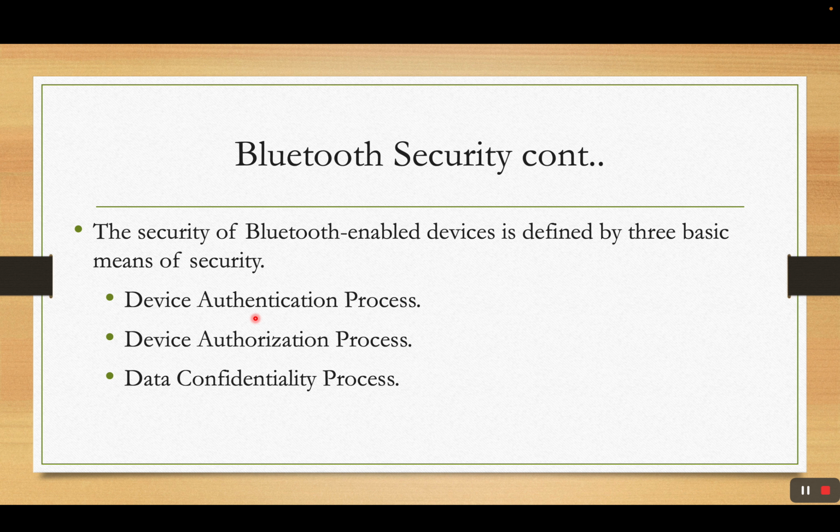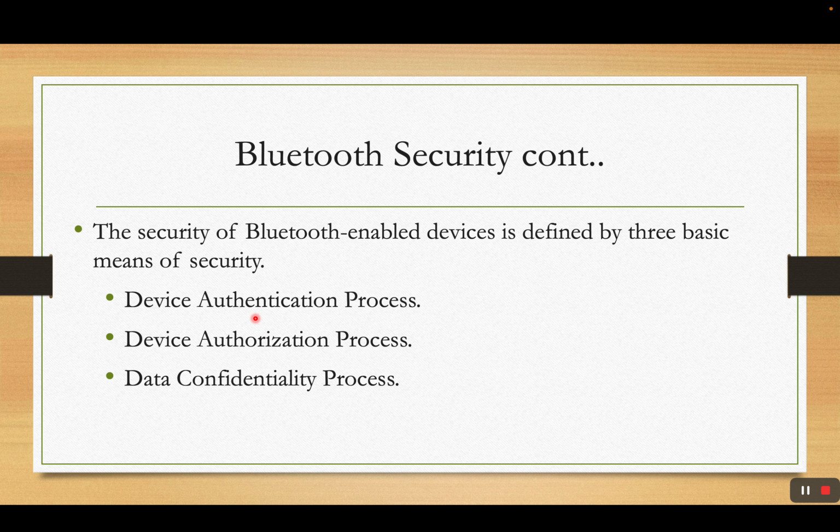In the device authentication process, the connecting devices are verified through messages on Bluetooth wireless. Authentication involves a challenge response mechanism where both devices exchange a secret code or PIN to authenticate each other.